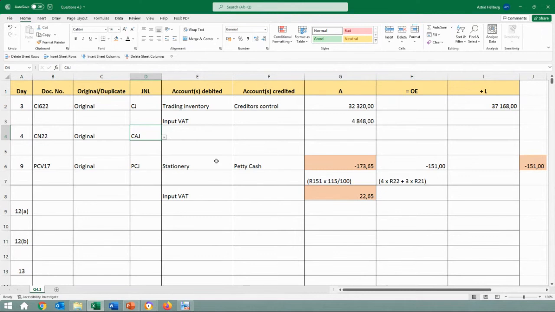Now remember the debt click I explained in class, we said we credit liabilities. Creditors control is in there, so on the credit side it would increase. That means on the debit side, that creditors control account will decrease. Okay, now what value will we decrease it with?